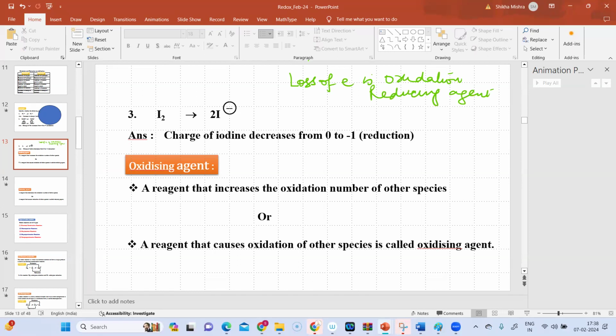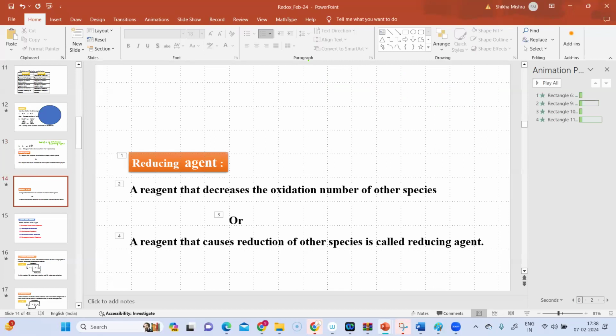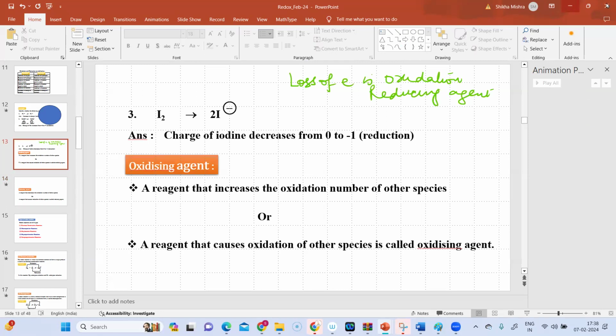Similarly, if something is gaining an electron, a reagent that causes reduction is called the reducing agent. Loss of electron is oxidation, and the reducing agent undergoes oxidation, right?